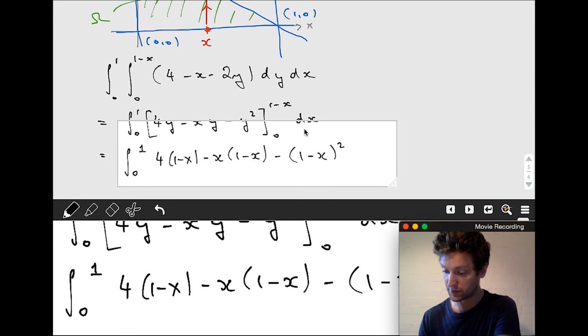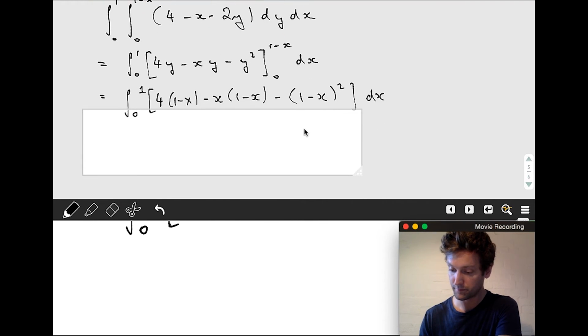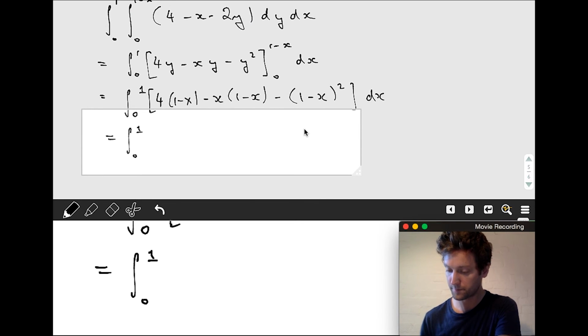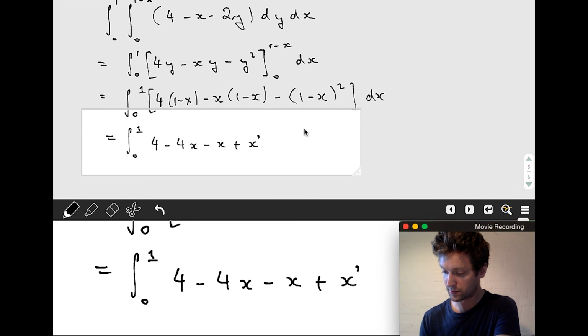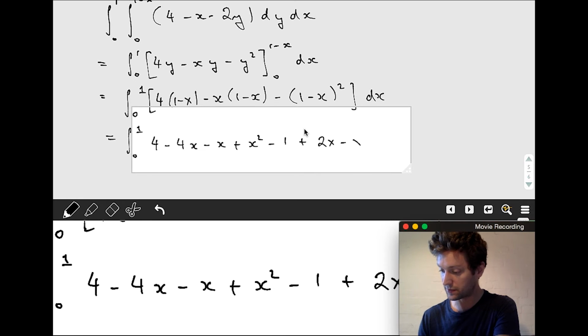You can see that we're going to have to do a little bit of multiplying out here in the hopes that things will simplify a bit. Integral from 0 to 1 of 4 minus 4x minus x plus x squared minus 1 plus 2x minus x squared. So we're going to get a little bit of cancellation here.